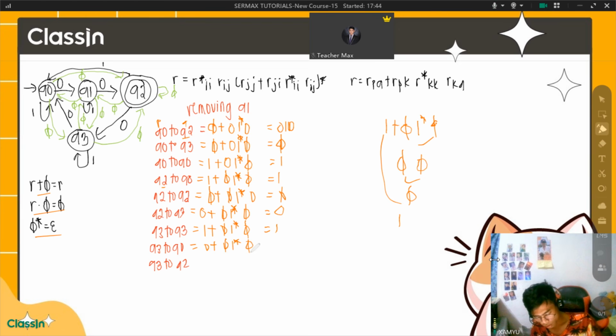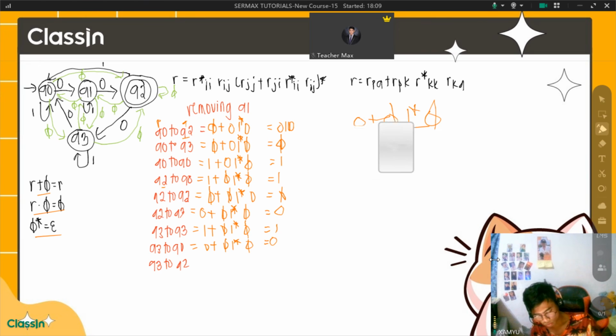So therefore, in solving that one from the 0 plus null and 1 clean star and null, so null and clean star is 1, null, and null, it will become null, and null and 0, it will become 0. So therefore, the answer here will be 0.